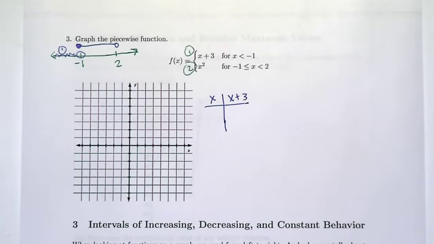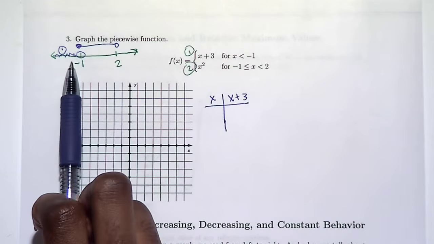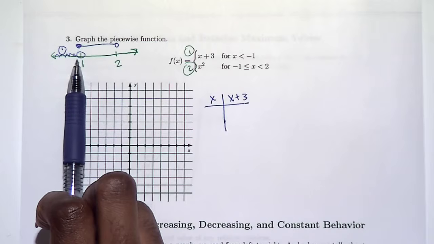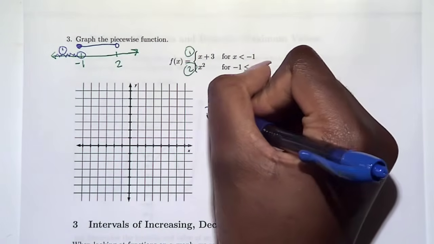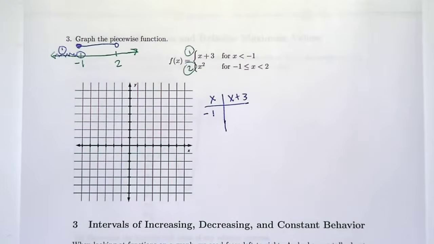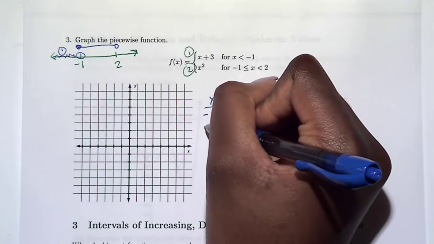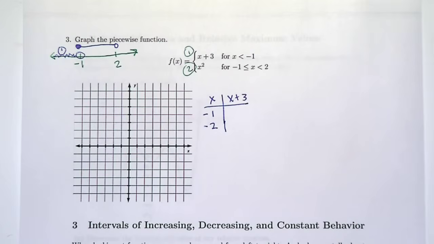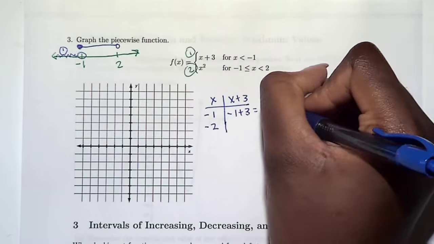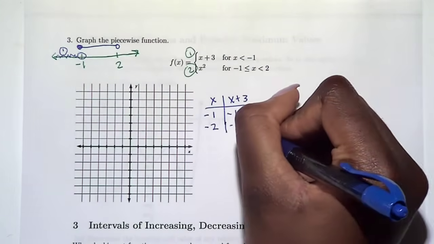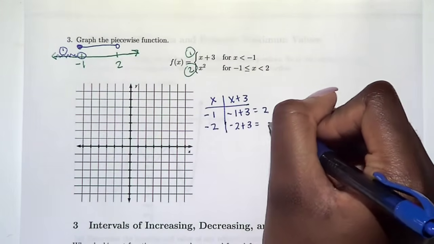All right, so what about, I'm still going to choose -1, but I'm just going to put an open circle there because I do want to get there but not actually touch it. Let's try x is -1 and x is -2. That's good enough. We just need 2 points to make a line. All right, so -1 plus 3 is 2, and -2 plus 3 is 1.